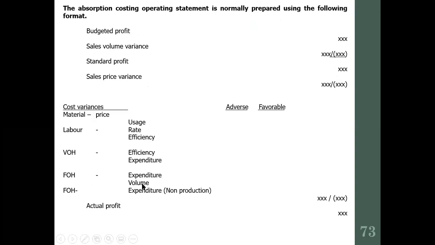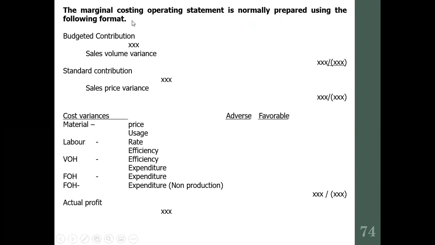So this is the absorption costing system, therefore the volume variance can be there. When it comes to the marginal costing system, you can see that there is no fixed overhead volume variance, only the expenditure. And also the budgeted contribution and standard contribution. Then the sales volume variance is adjusted here, right? So that's how it goes.